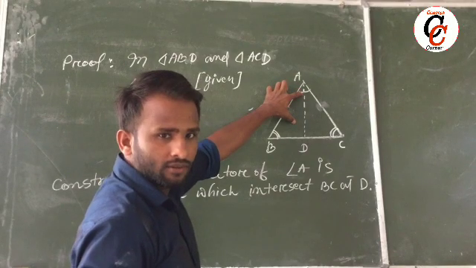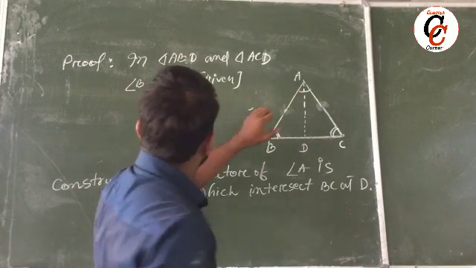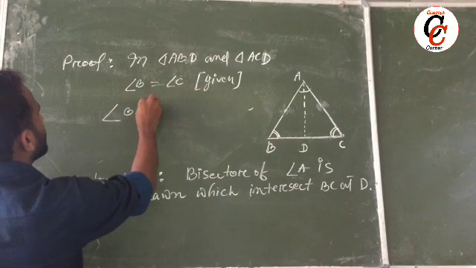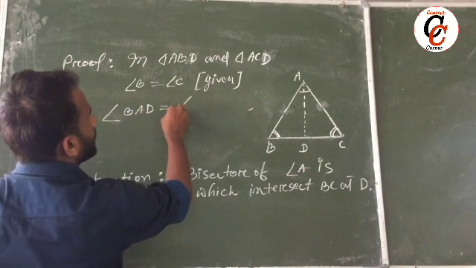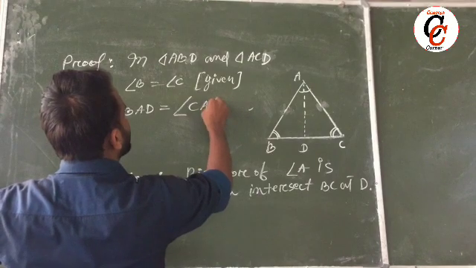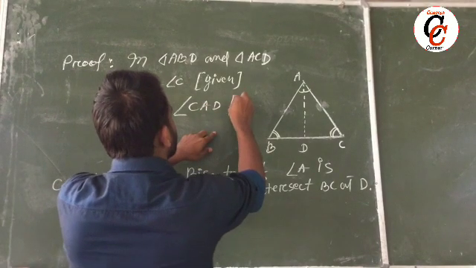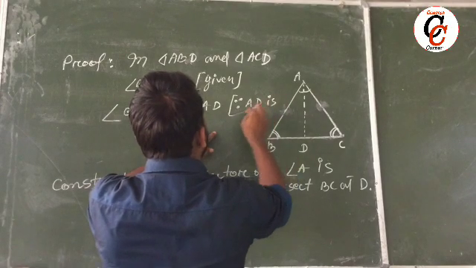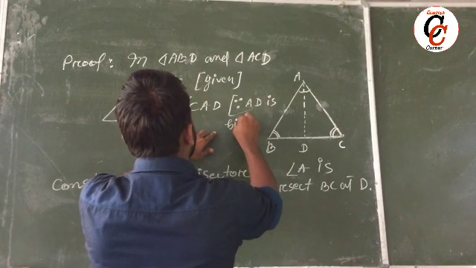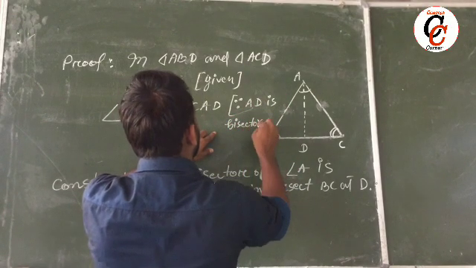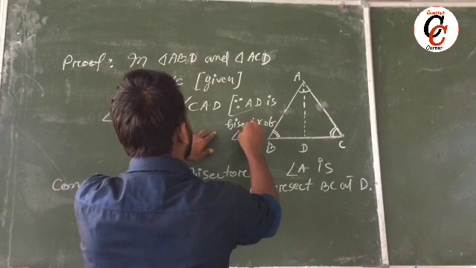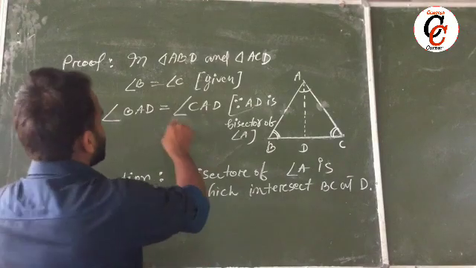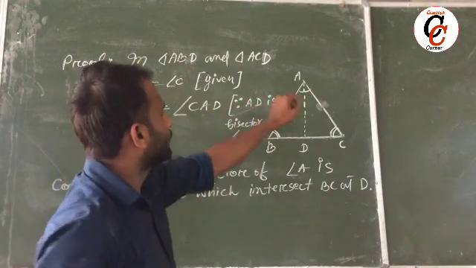Because AD is the bisector. We have constructed it. Angle BAD is equal to angle CAD since AD is the bisector of angle A. So BAD and CAD are equal.